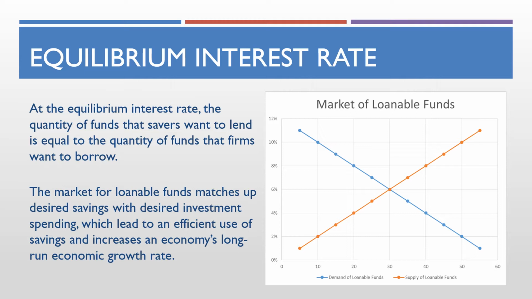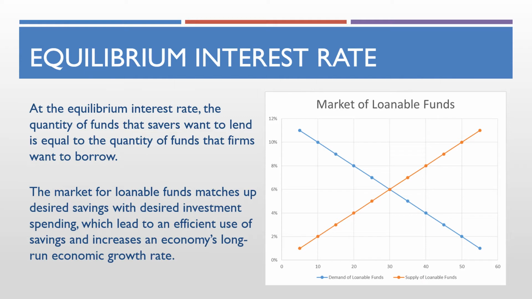On the other hand, we have the firms, which are the demand side of the loanable funds market, where they are going to borrow the funding from the households, and they are going to spend it on investments for expansion of future production.